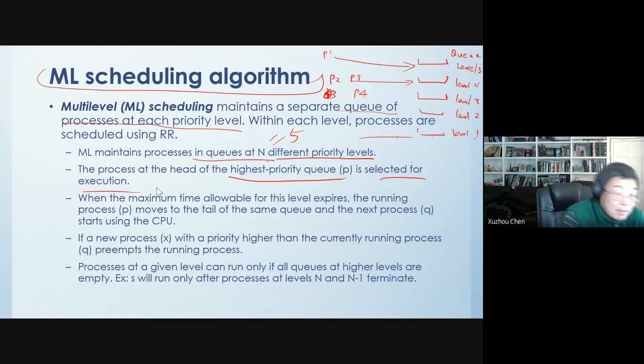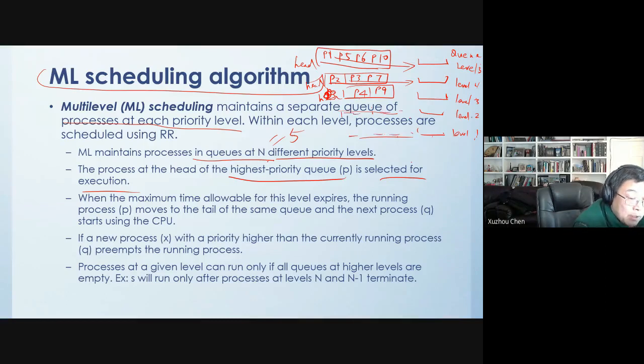So let's say I have process 1, process 5, process 6, process 10. I have process 2 and 3 and 7, and process 4 and process 9. So at each level there's a queue. This is the head of the queue, and this is the head of the queue. This is a header. Then we'll have more processes in the lower level queues.